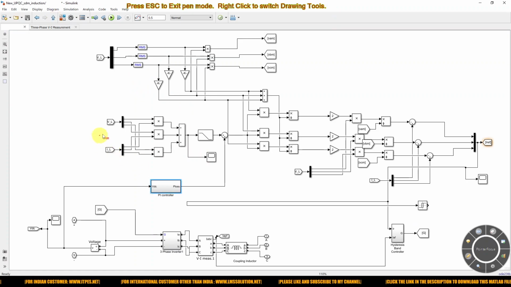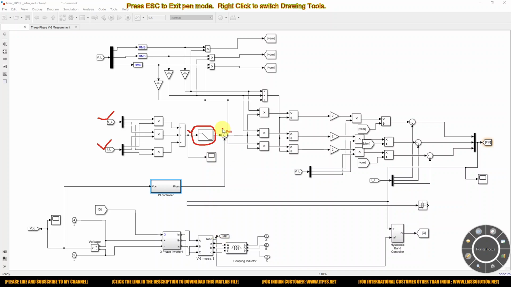Then, based upon load voltage and load current, we calculate the real power of the load side, and take the mean value of that actual real power.